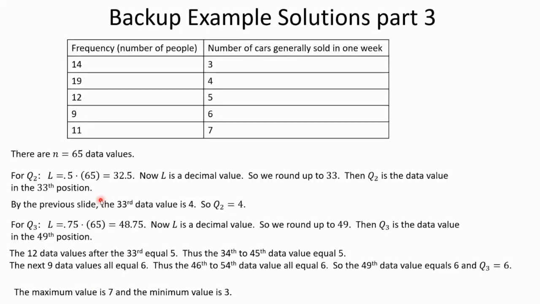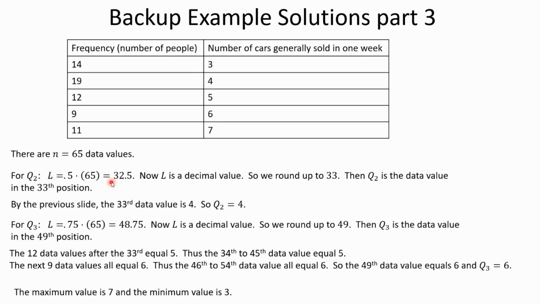And now we do Q2 and Q3. Well, for Q2, remember, we calculate L, which is 0.5 times 65. I think before I wrote 0.50, but 0.50, 0.5, same thing. Doing so, we get 32.5. Okay, that's good.